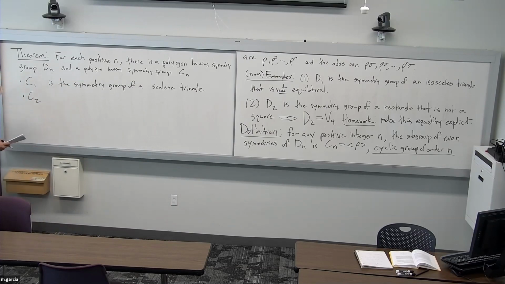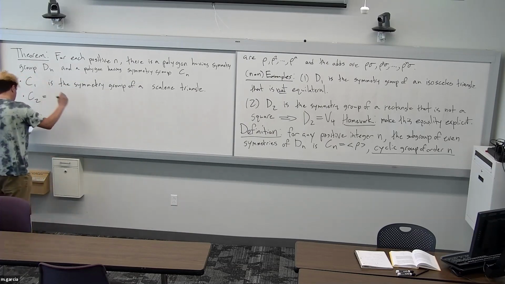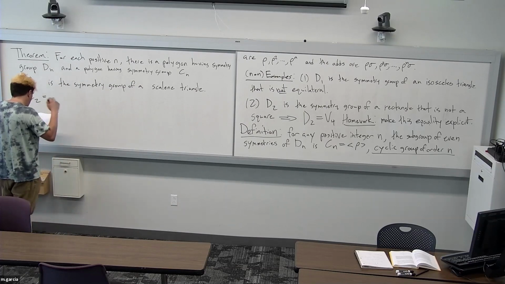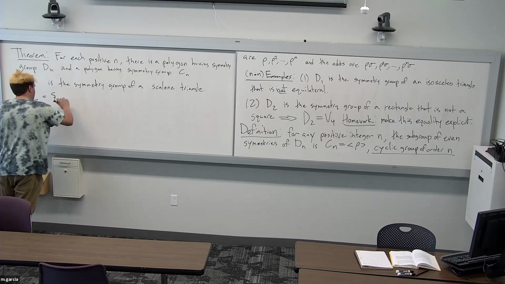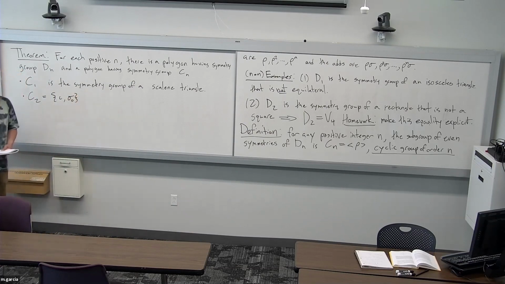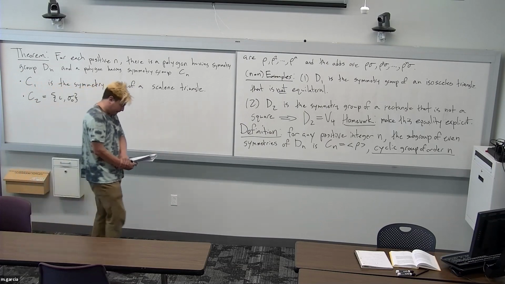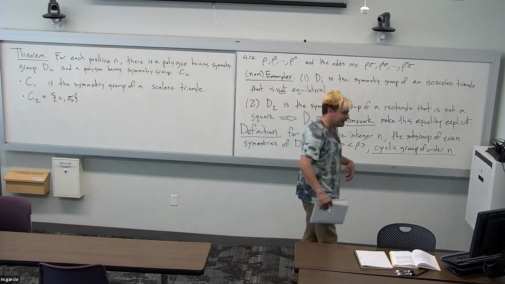What do we think of C2? Of course, it has the identity iota and the half turn about the origin. It's kind of thematic.